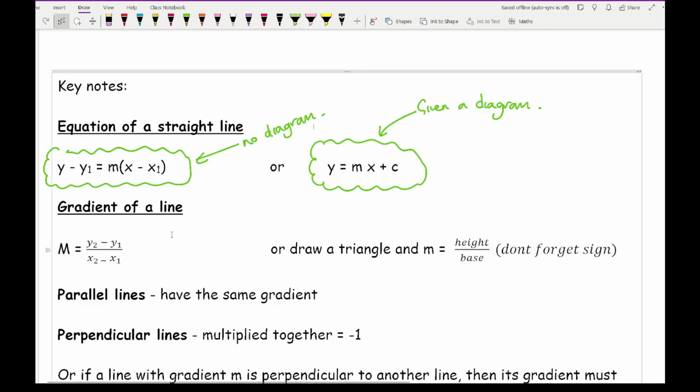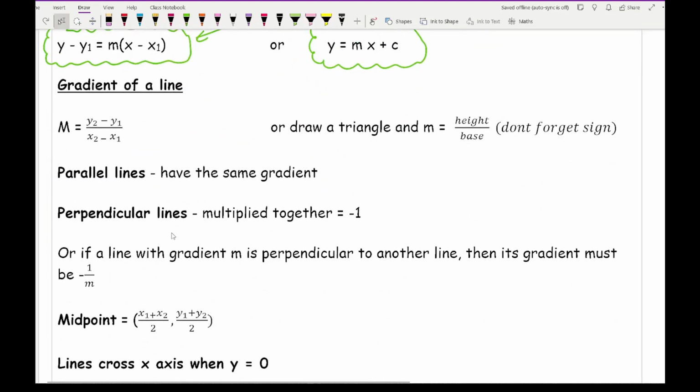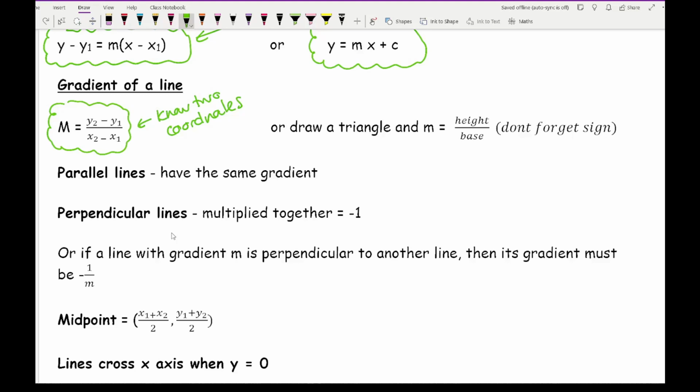Now the next thing to remember is the gradient of a line. If you know two coordinates, or it's easier for you to find two coordinates, then I would strongly recommend using the formula gradient equals y2 minus y1 over x2 minus x1. The key thing that a lot of students mess up on when using this formula is recognizing that the y is at the top and x is at the bottom.